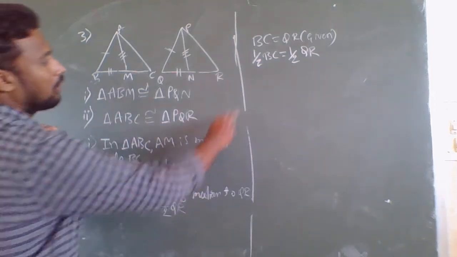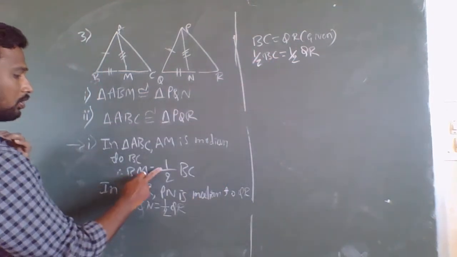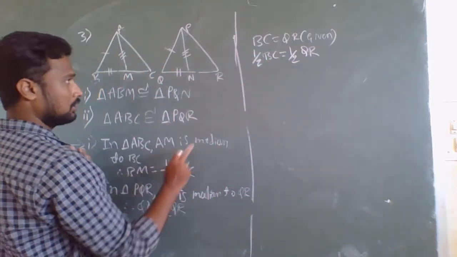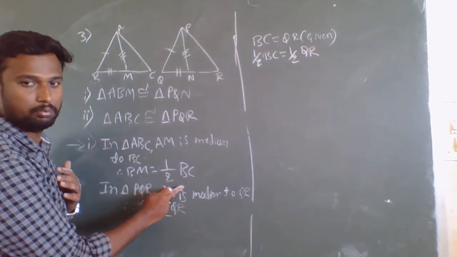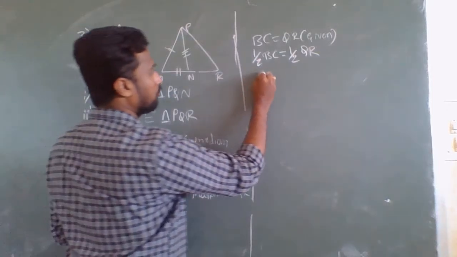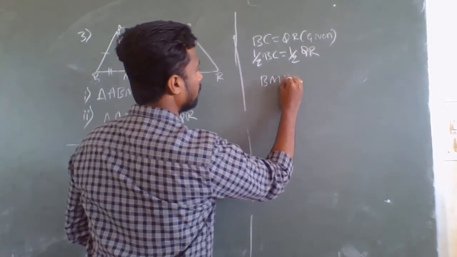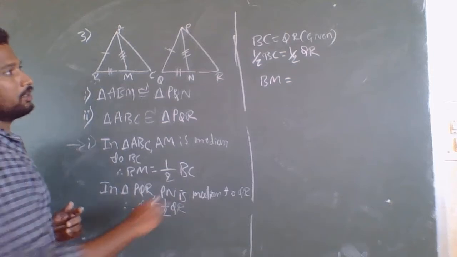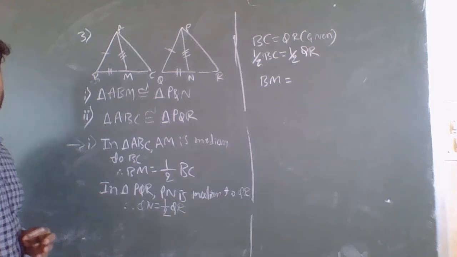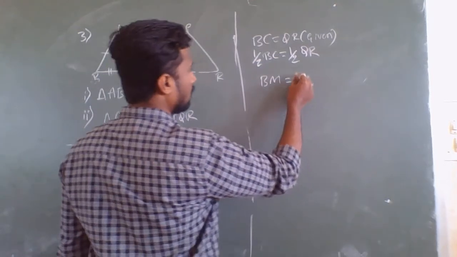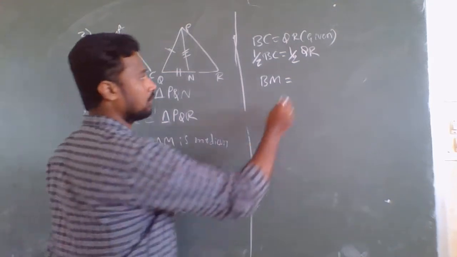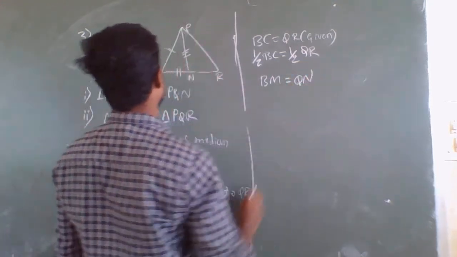Now we know that 1 by 2 BC means BM, since BM is equal to 1 by 2 BC. Therefore, in the place of 1 by 2 BC, I will write BM. And 1 by 2 QR means QN, since QN is equal to 1 by 2 QR. So in the place of 1 by 2 QR, I write QN.